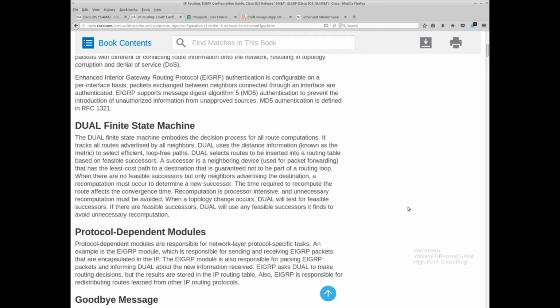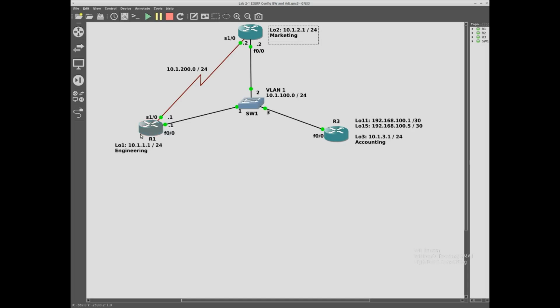The DUAL finite state machine, that's the DUAL that performs the calculation, seen locally from the router, let's say from router 1's perspective here.